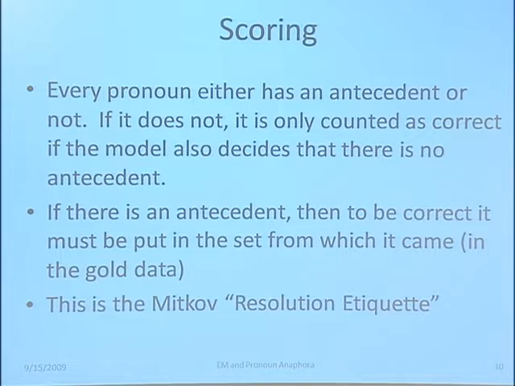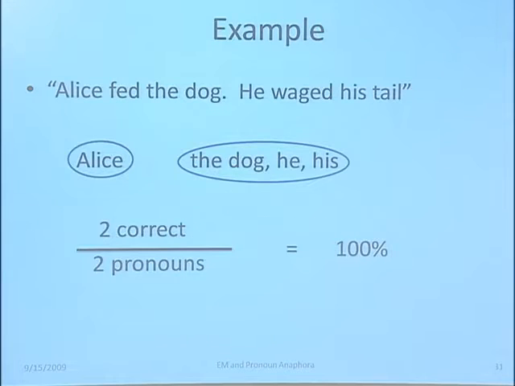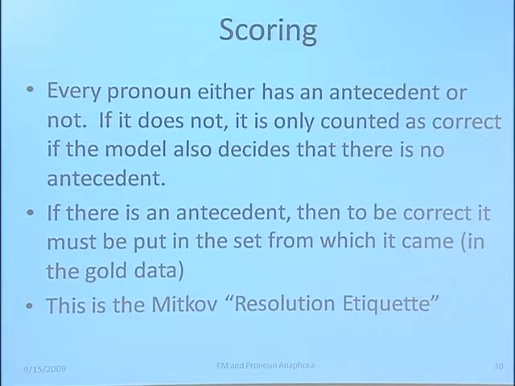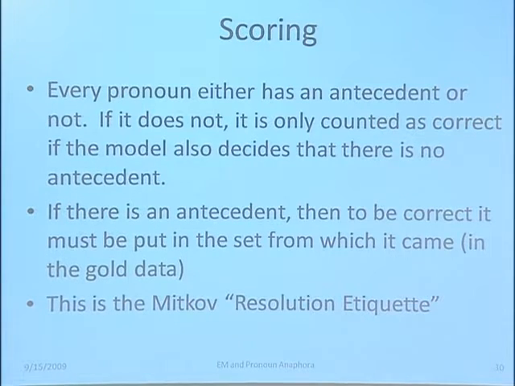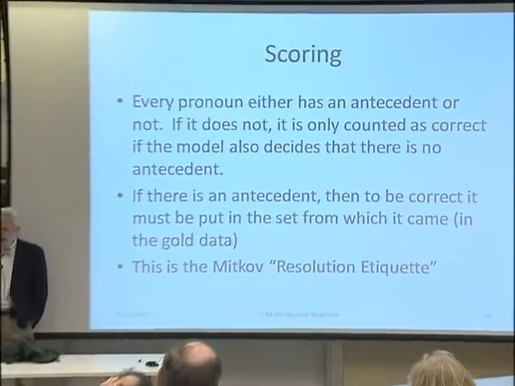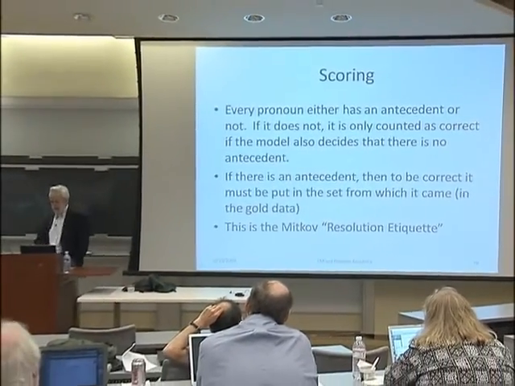Now, even here, there's some ambiguity, and I will show this in a second. But at any rate, this particular metric was made most explicit by someone. I'm not going to say he's the first person to use it, but he's the first person to write it down in the form which I understand it. And he called this resolution etiquette.